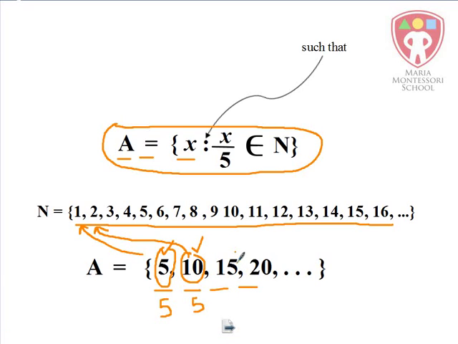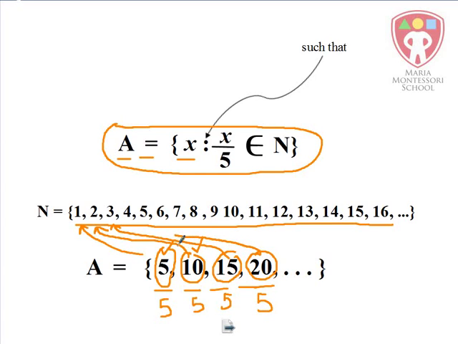We can do the same for the 15. 15 divided by 5 gives us 3. And as 3 is in our set of natural numbers, 15 is allowed to be in set A. Look at the 20. 20 divided by 5 is 4.